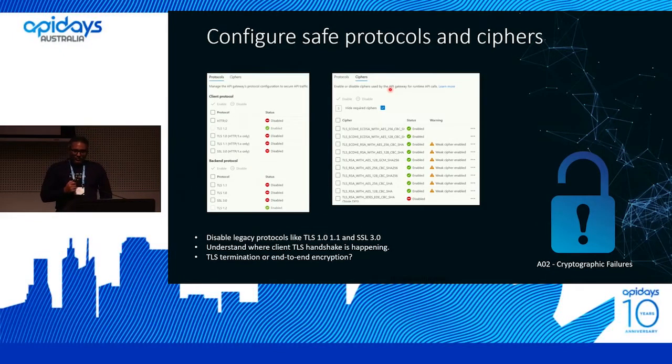Let's move to cryptographic failures. It's a really interesting subject. There are lots of versions out there, TLS versions, that are insecure, right? You want to make sure your API gateway is configured correctly to disable all of the weak ciphers and insecure TLS versions, right?